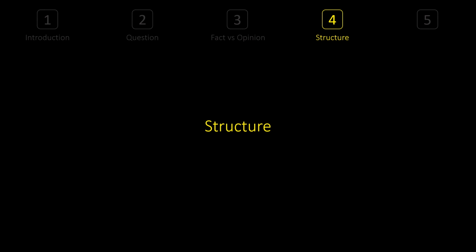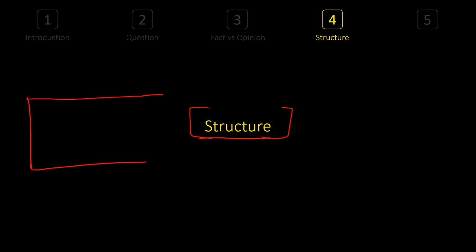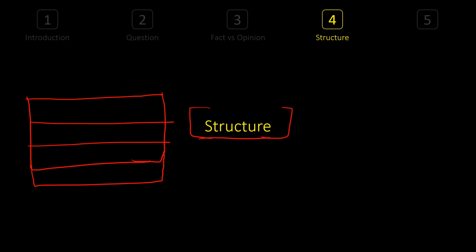So it takes us to the structure. Now what is this structure? I'll tell you what structure is. We form a box kind of diagram in which we can put 4 different parts for an introduction. You should always write these 4 important points while writing an introduction.